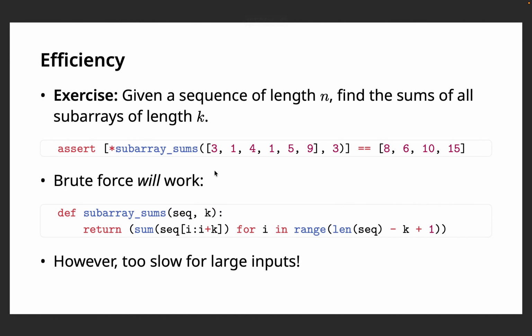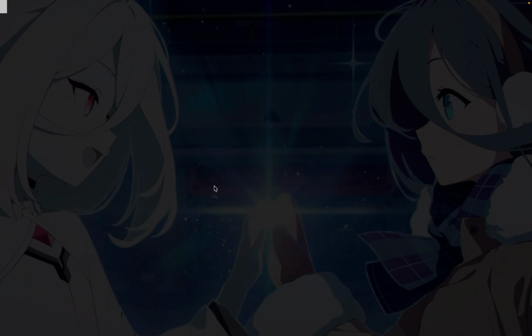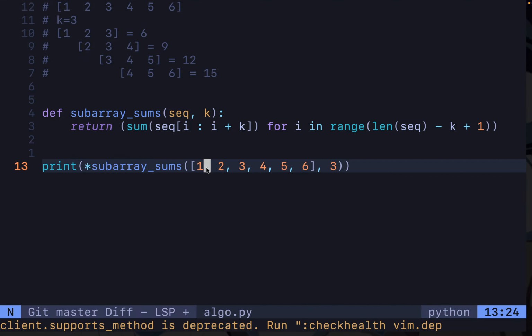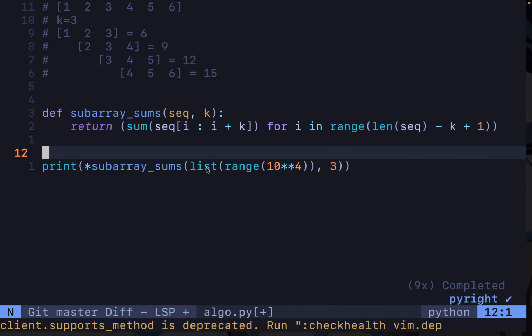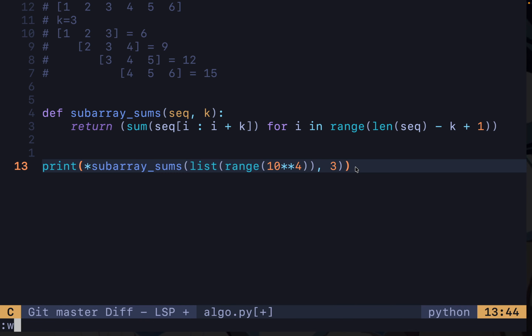Okay, so the problem with this is that it's actually going to be slow for large inputs. Let's show that here. So if instead of 1, 2, 3, 4, 5, 6, I give it something like list, then range, let's give it 10 raised to 4, or 10,000. So this is the numbers 0 to 9999, and I want all subarray sums of length 3.